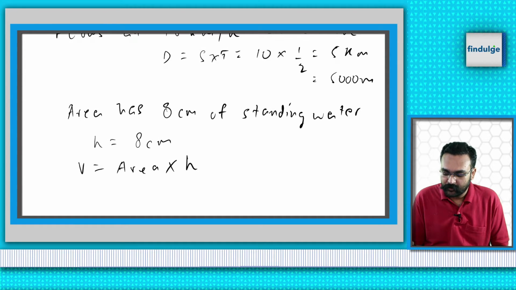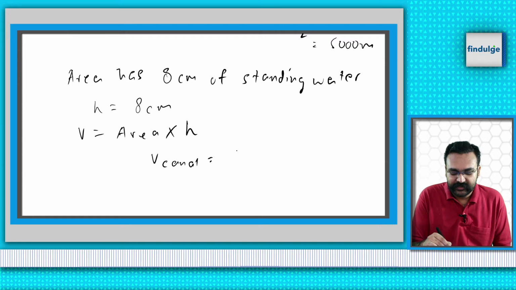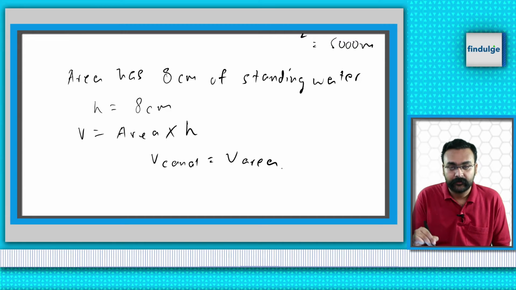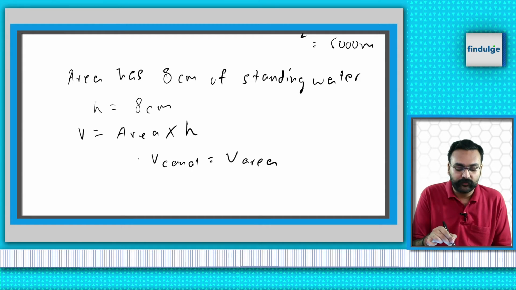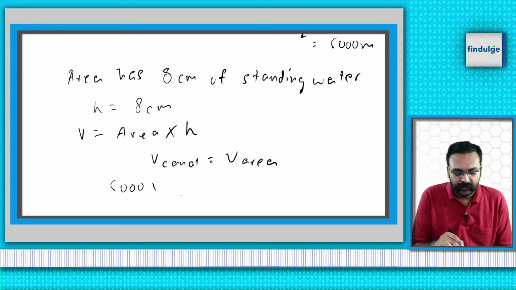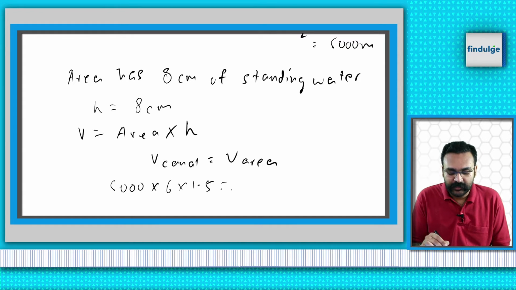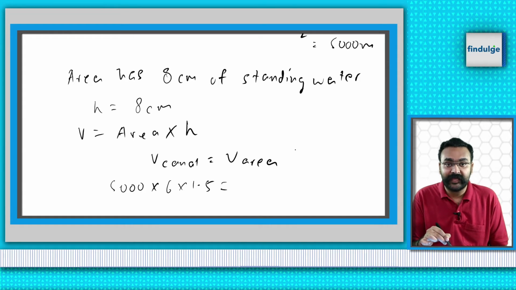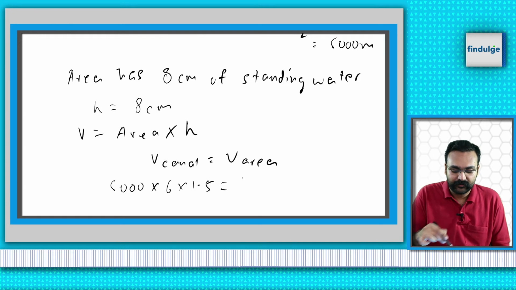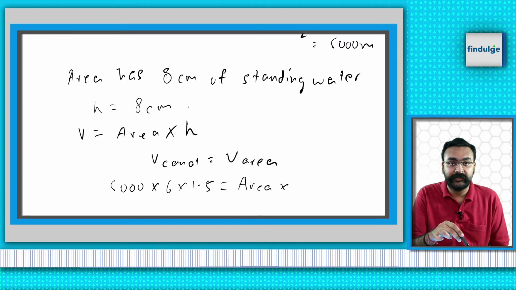And therefore, if volume of canal is equal to volume of area, the volume of the canal will be length into breadth, which was 6, into height, which is 1.5, is equal to the volume of the area, which is area, which is what we want to find, into height. Now the height is 8 centimeters.